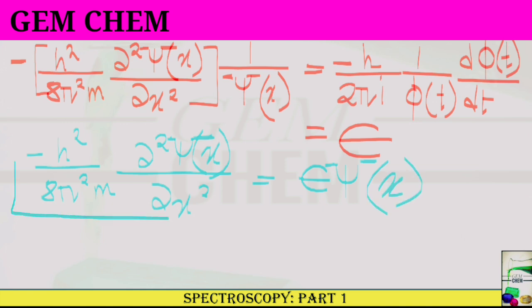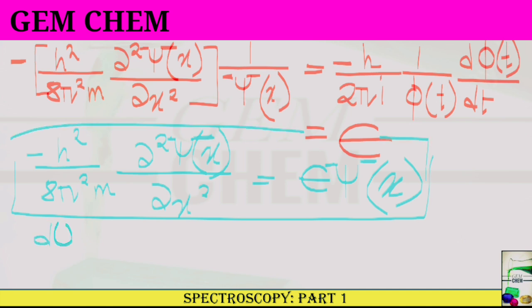So this is your first part. Now you have a time part also, so you can write d phi(t) by phi(t) equals 2 pi i by h, and we have a minus here, with epsilon dt.